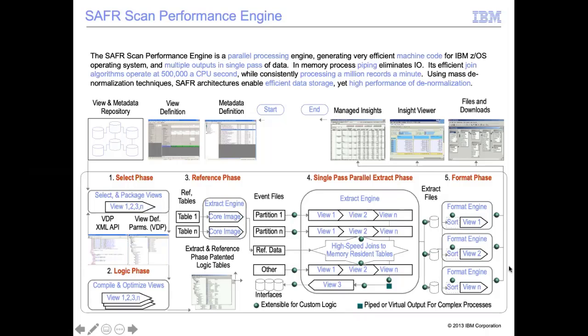In a certain sense, the extract phase is map, and the format phase is the reduce phase. And the reduce phase will then, after the data is landed to disk in the extract files, the sort process is called as an exit to read the data, but instead of writing the data back to disk, it passes it to the format engine, which then does the aggregation, the last phase aggregation, to produce the final outputs for the process.